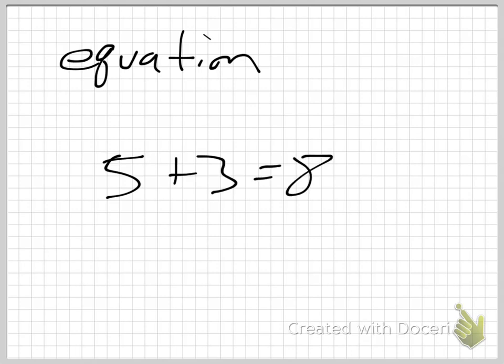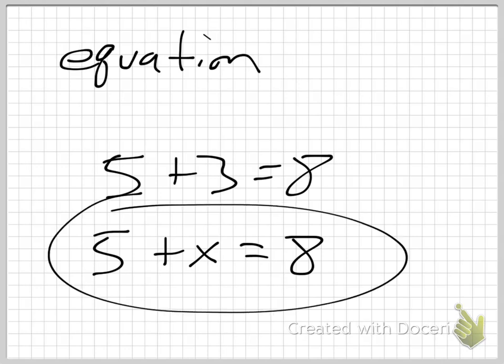That's an equation, okay? This, however, 5 plus x equals 8, is called an open sentence. If an equation has a variable, it's called an open sentence.